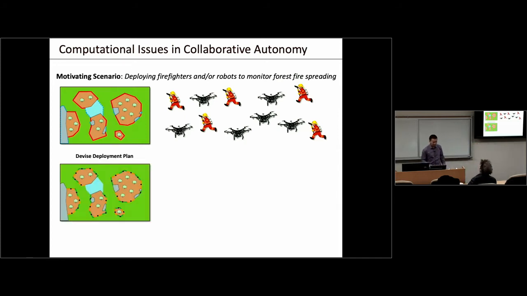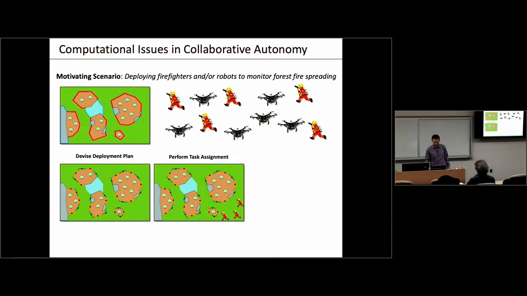So the first step of solving such a problem is to devise a deployment plan that tries to minimize the effort taken by any one of these firefighters or guards. Then after that, we need to match these firefighters with these locations. That is a task assignment problem.